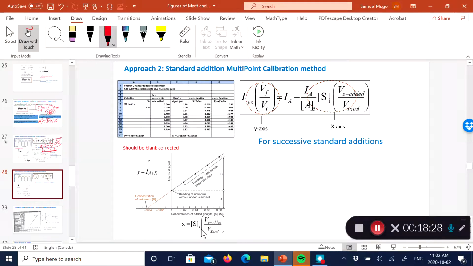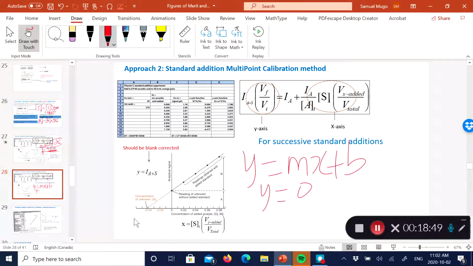Okay. And then in the y-axis, you can decide to just simply plot what the instrument gives you in terms of the signal. Okay. But whatever you get then as the intercept here, when you get the equation of the line, y = mx + b, you make y equal to 0 so that you can get this intercept.